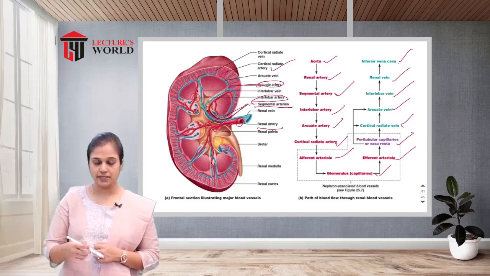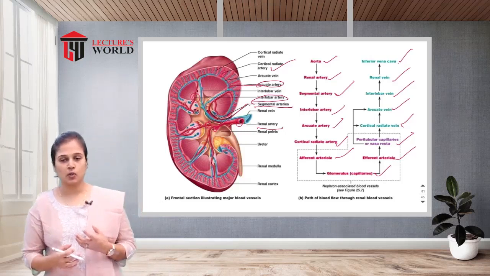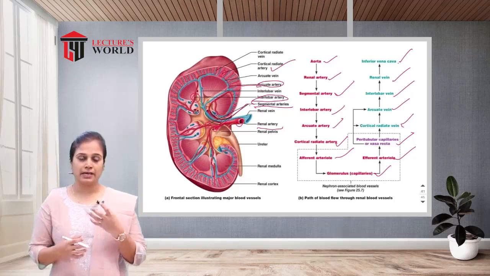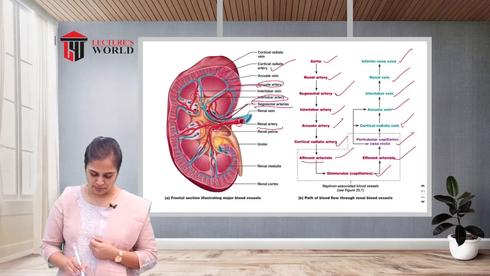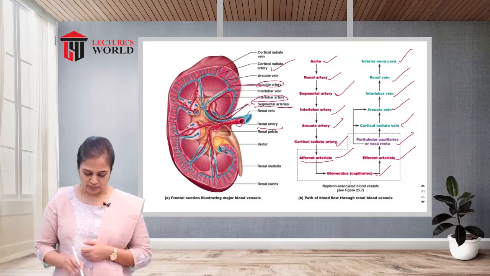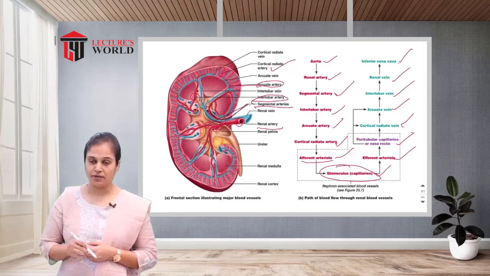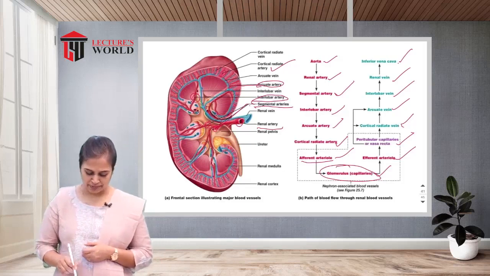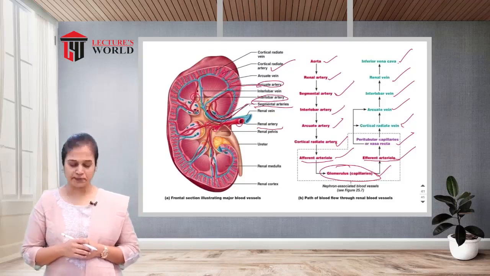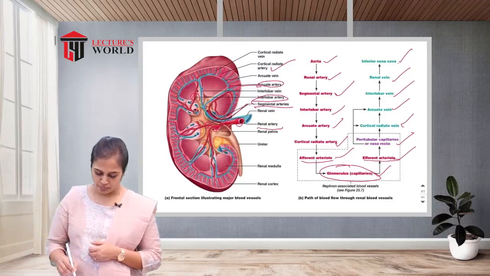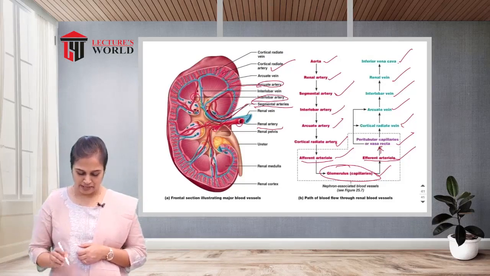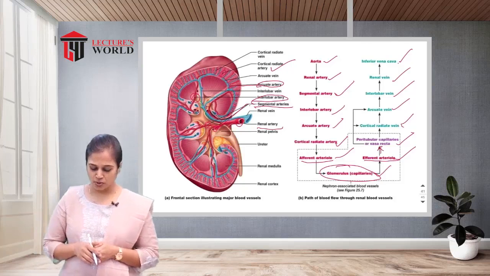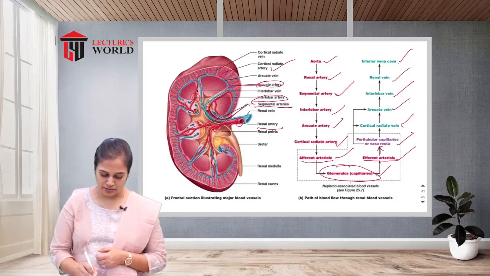From the cortical radiate artery, as we have seen in the glomerulus, there is the afferent arteriole. It then goes into the glomerular capillaries, and from the glomerular capillaries it exits and comes into the efferent arteriole. From the efferent arteriole, blood drains into the vasa recta, and from the vasa recta it goes into the cortical radiate vein.